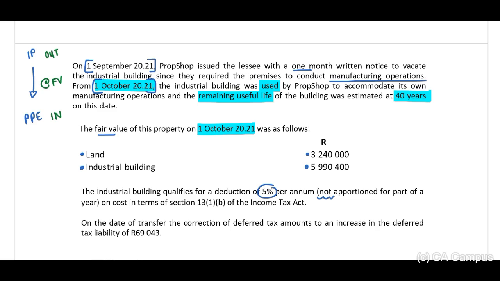On the date of transfer, again, the correction of the deferred tax amounts to an increase in the deferred tax liability of 69,043. Now, why? Again, before the transfer, investment property manner of recovery will be through sale, and PPE manner of recovery will be through use. Right. Other information.